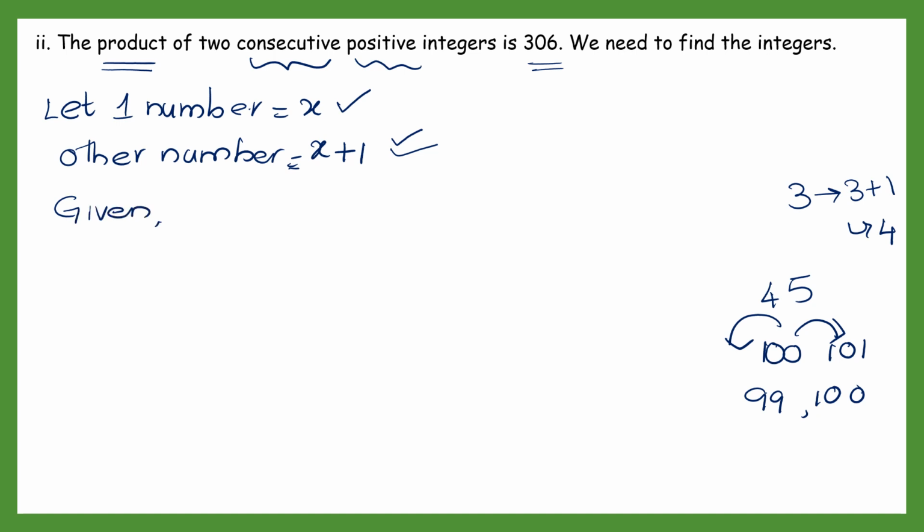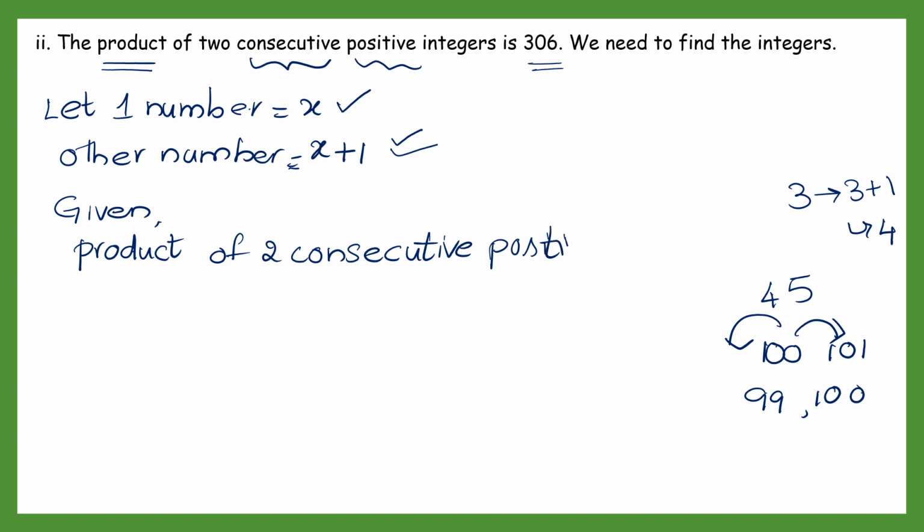Given the product of two consecutive positive numbers is 306. So, for us one number is x, product means what? Multiplication.